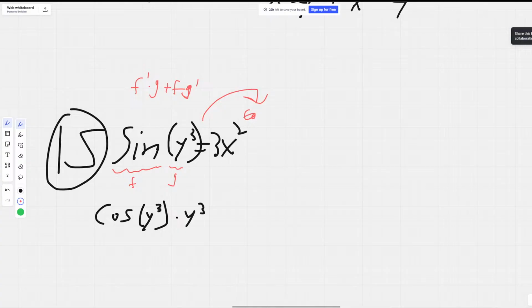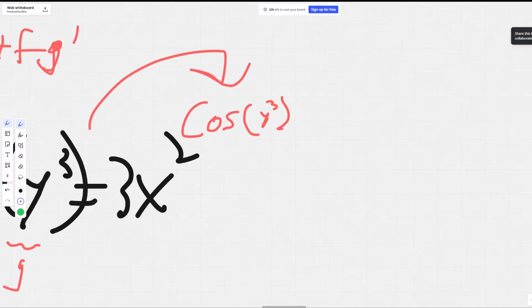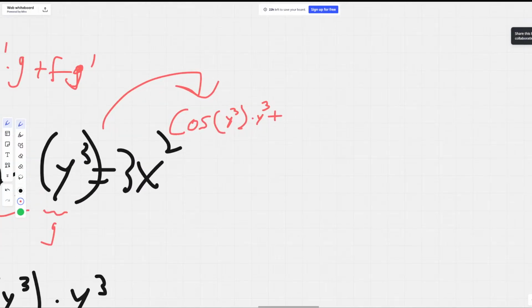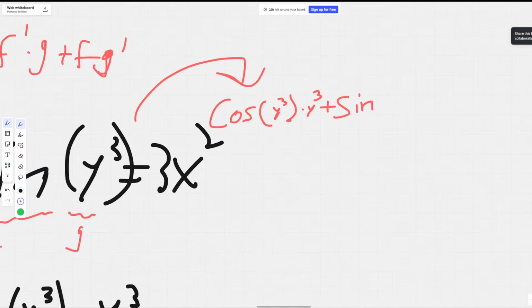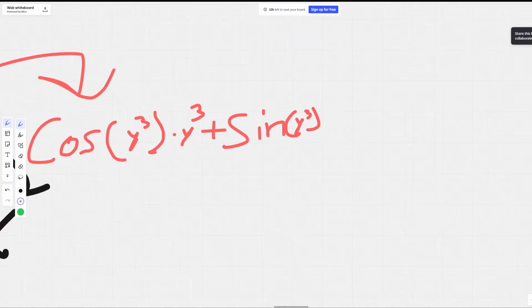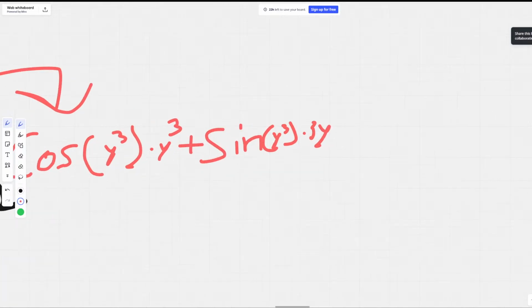Cosine of y cubed times y cubed plus sine of y cubed times 3y squared times y prime. Something must have cancelled out.